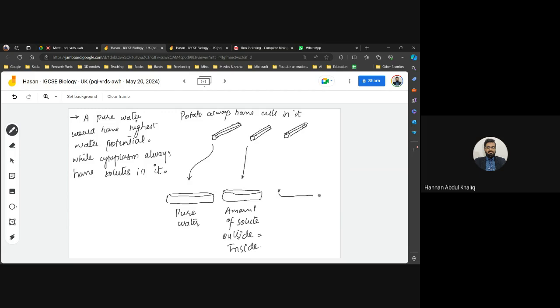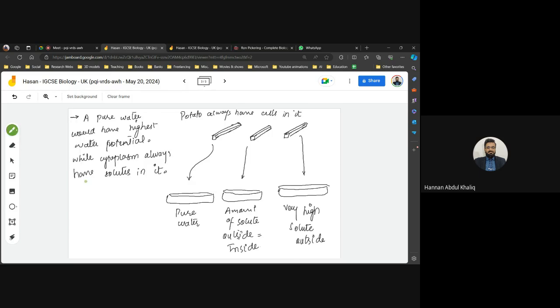And the third one is added where there is very high solute outside.